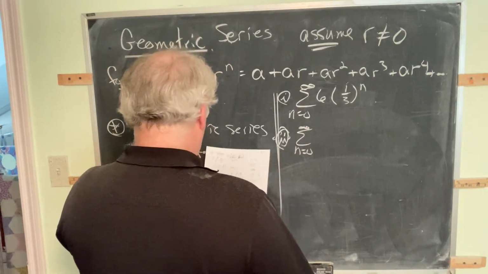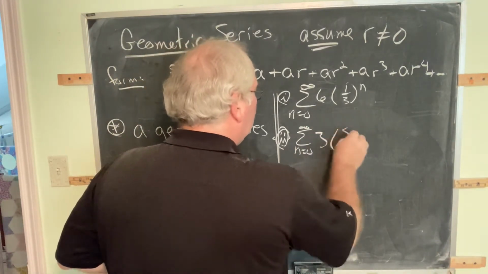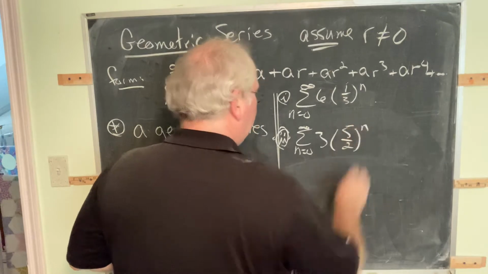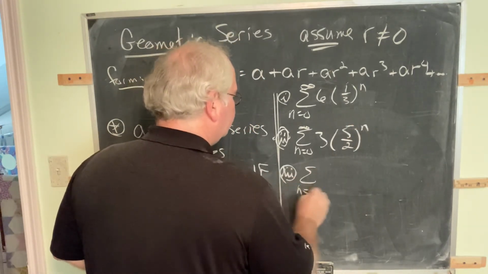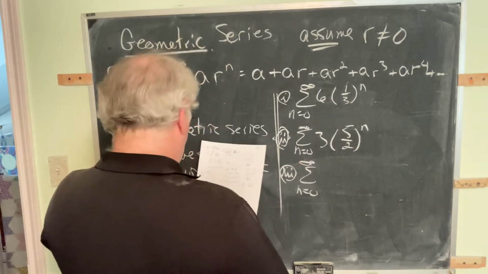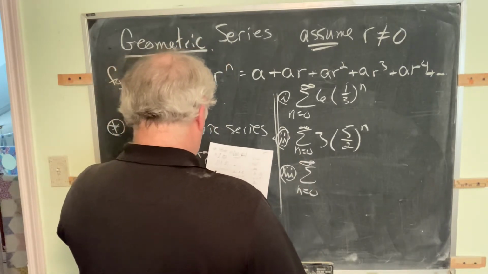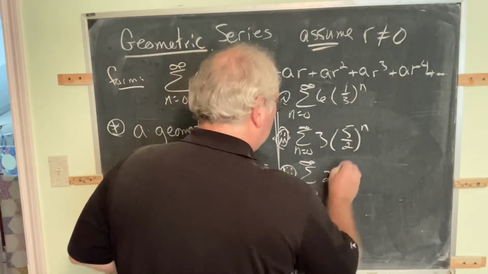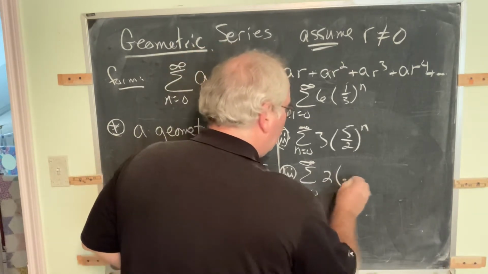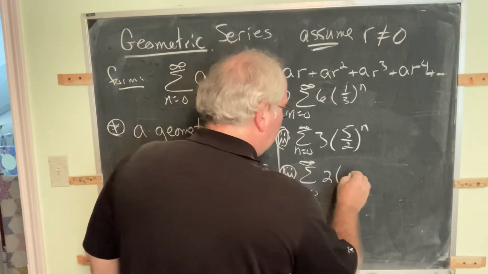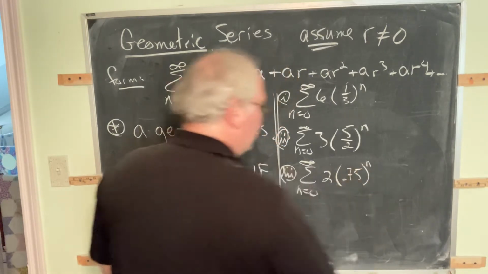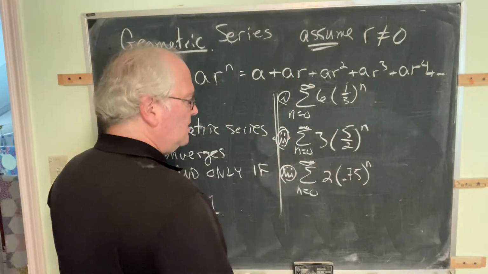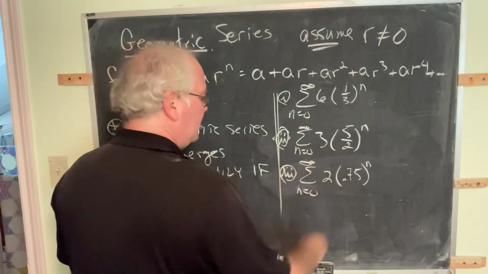Another example I have here is 3 times 5/2 to the n. Number 3, we could have 2 times 0.75 to the n. So there's nothing that requires this to be a fraction. We can have decimal values.